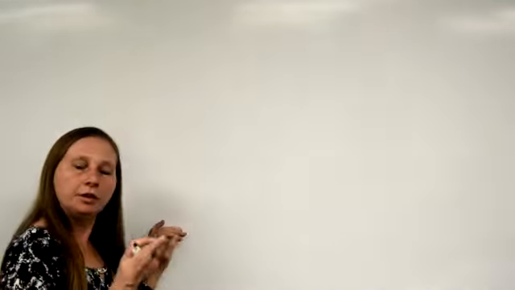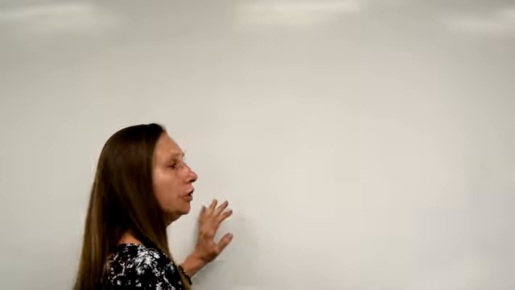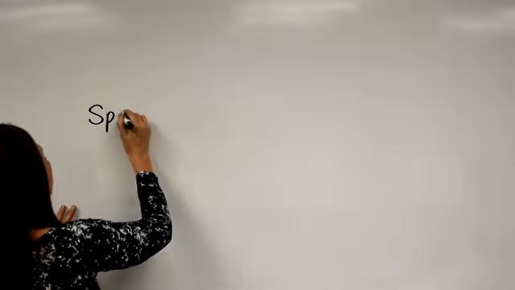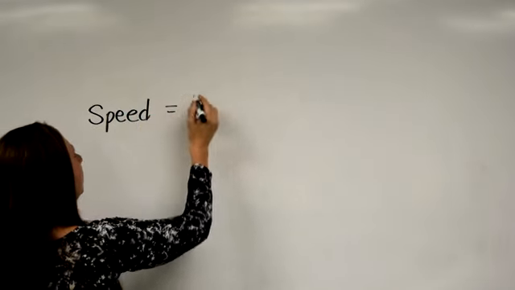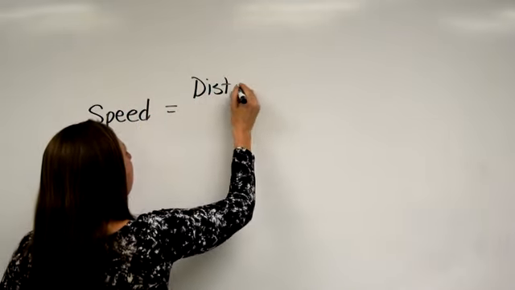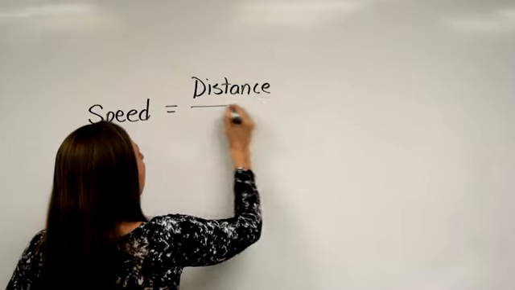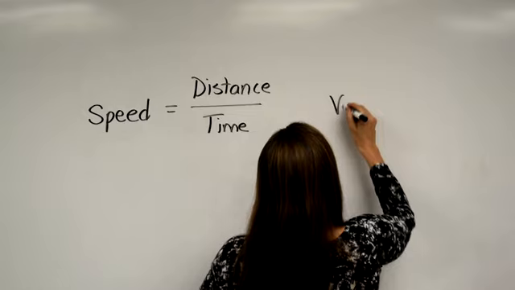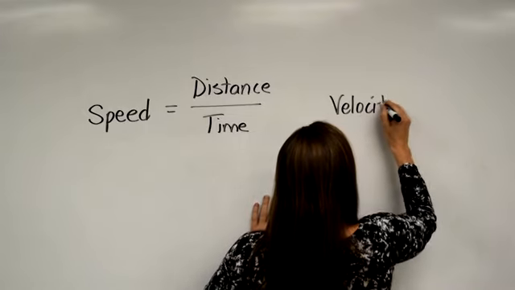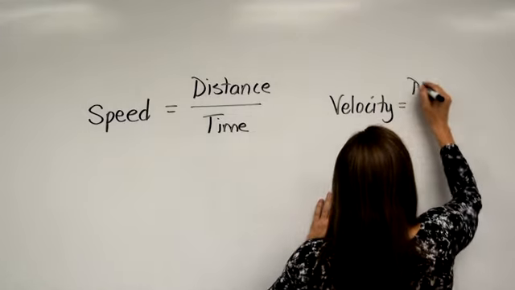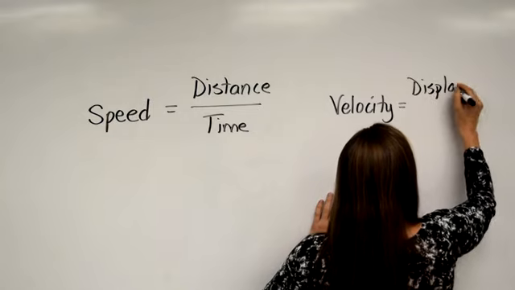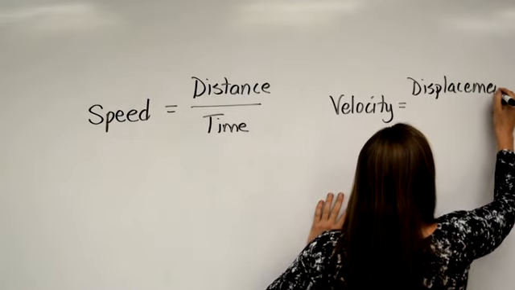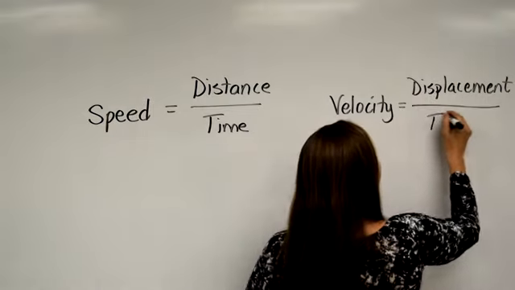Now, the most basic thing is to look at the difference in the equations. All right, speed is defined as the distance divided by the time, while velocity is defined as the displacement divided by the time.